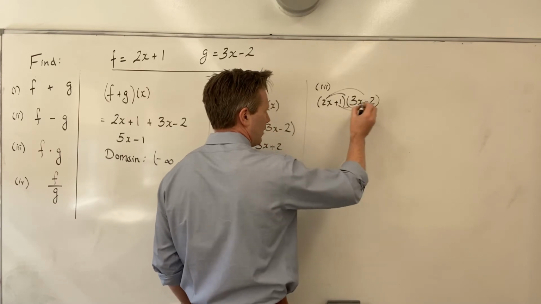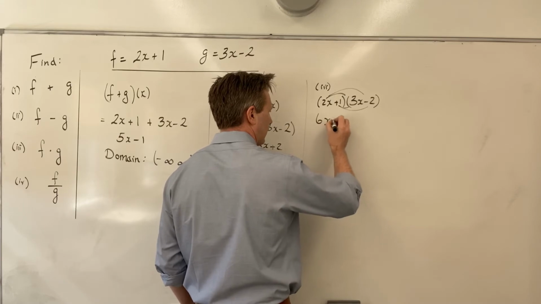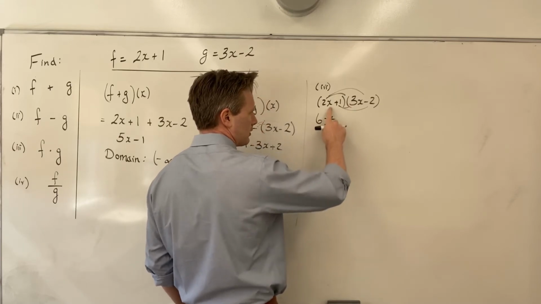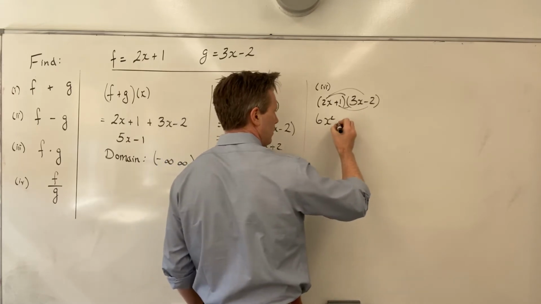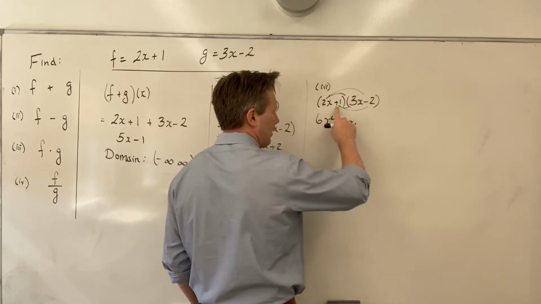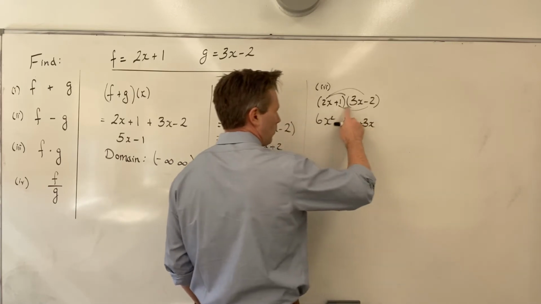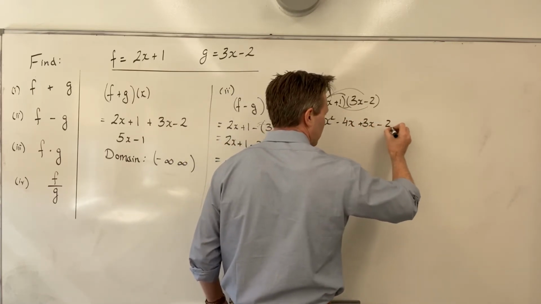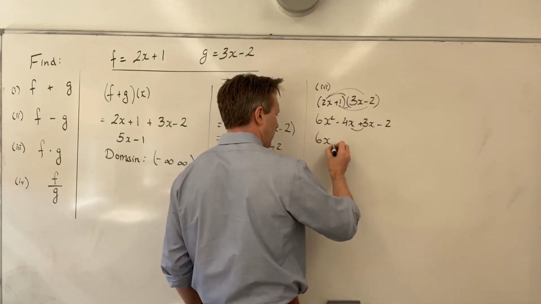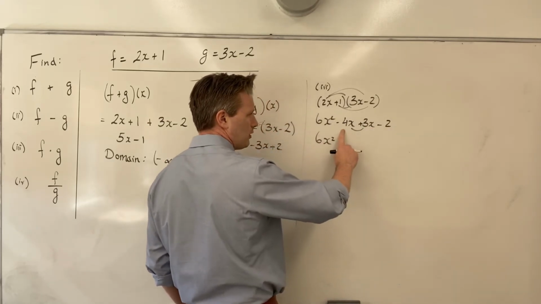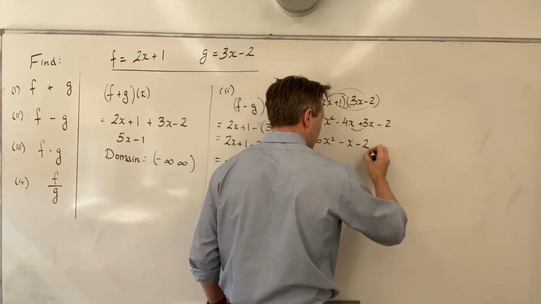First, outer, inner, last. 2x times 3x is 6x squared. 2 times 3 is 6, x times x is x squared. 2x times negative 2 is negative 4x. 1 times 3x is plus 3x, and 1 times negative 2 is minus 2. Just bring my two terms here in the center together, combine them, I will get 6x squared minus 4x plus 3x is minus x minus 2.